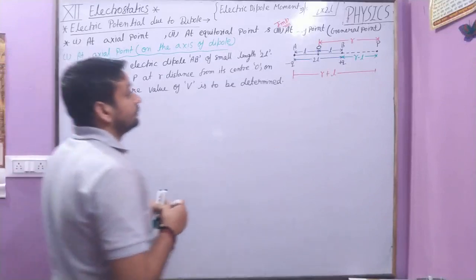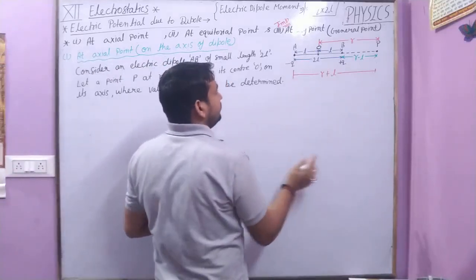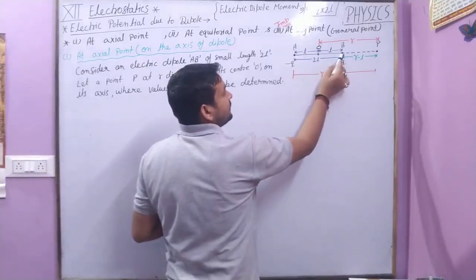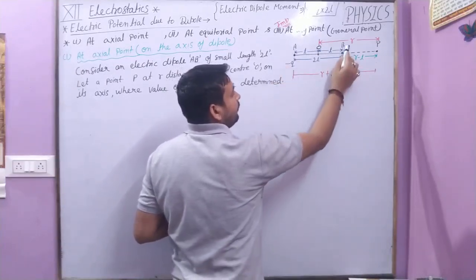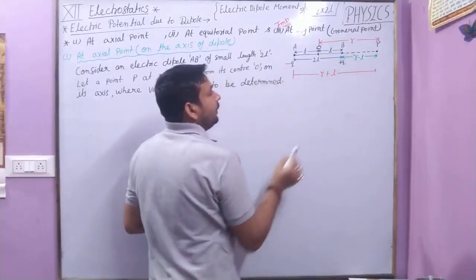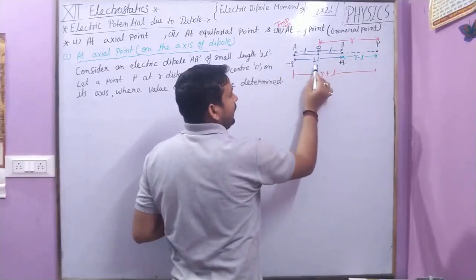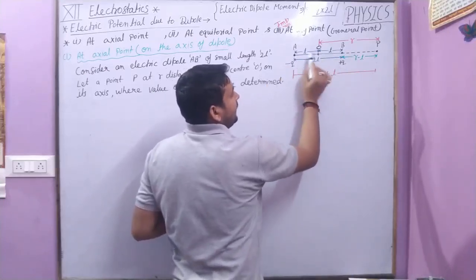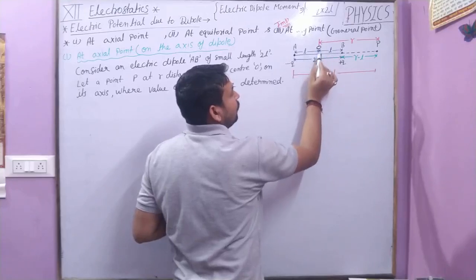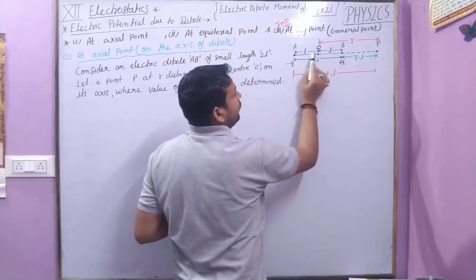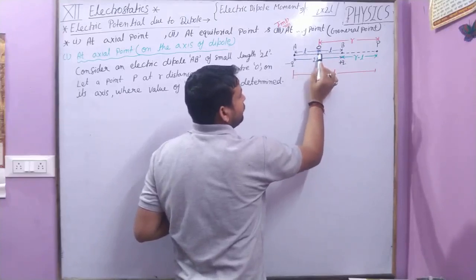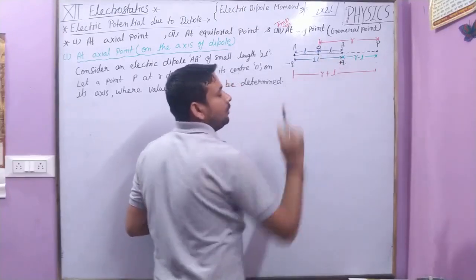Now, as considered, AB is a dipole, with minus Q at point A and plus Q at point B, of length 2L, and the center of the dipole is O, so the distance from A to O is L and the distance from O to B is also L.